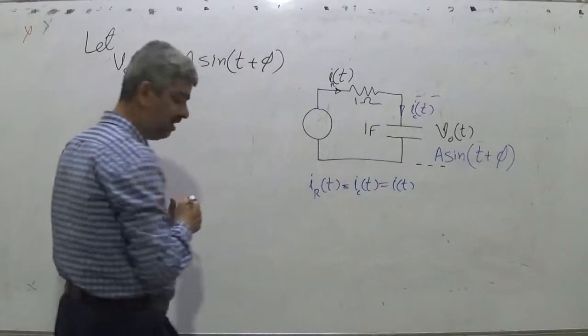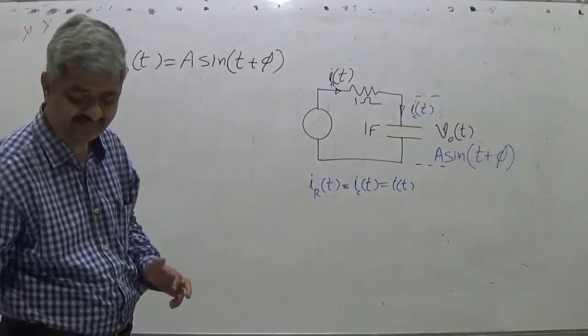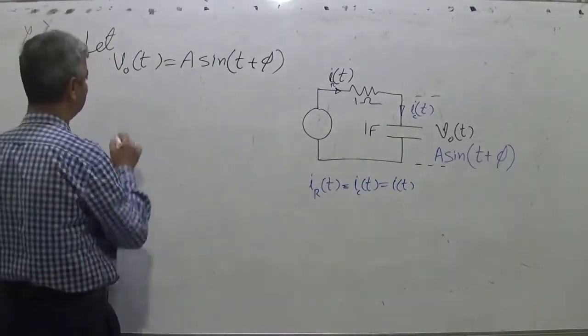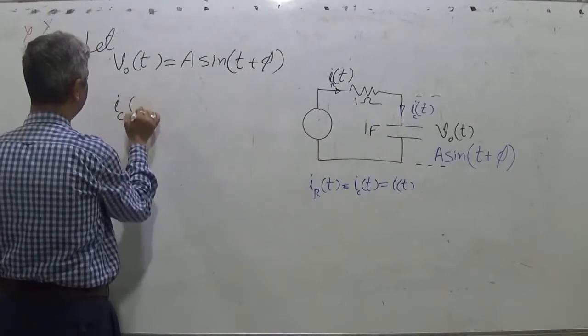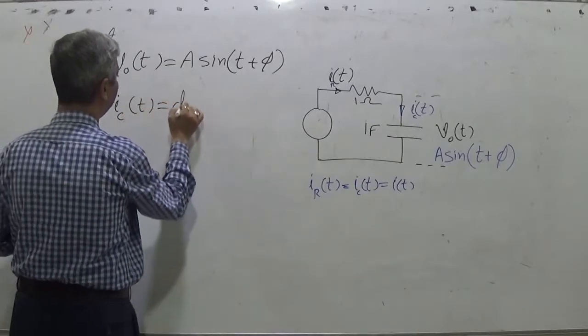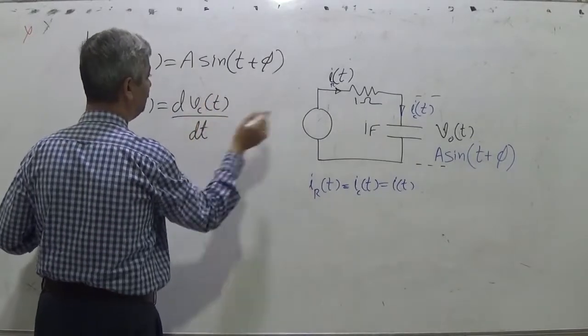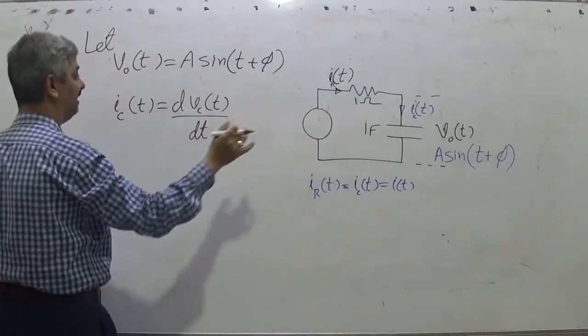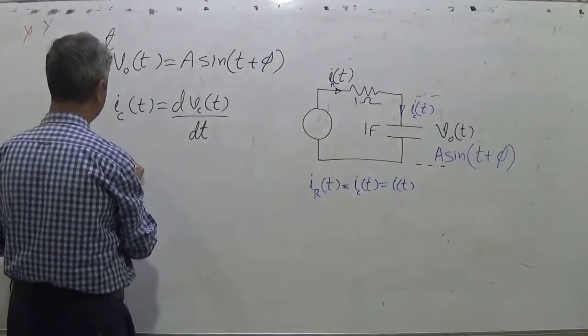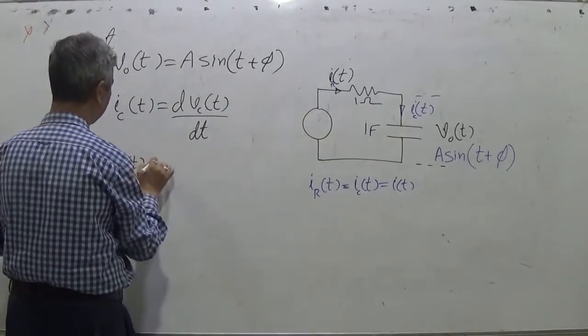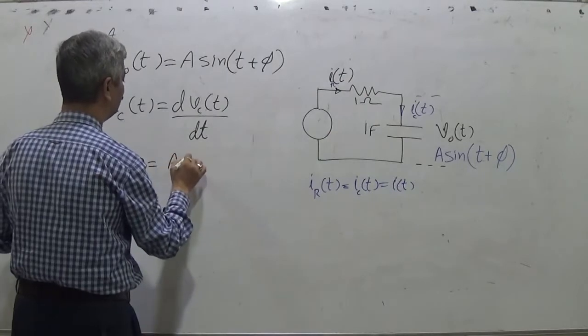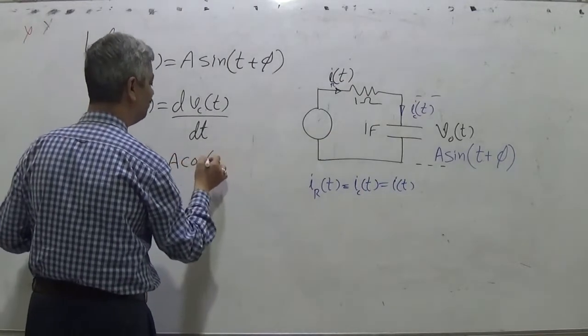So with this, how can I find i_C(t)? i_C(t) is very obvious: it is dV_C(t)/dt. But what is V_C? V_C is v_o(t), which I have assumed as A sin(ωt + φ). So i_C(t) is A cos(t + φ), as ω is 1.